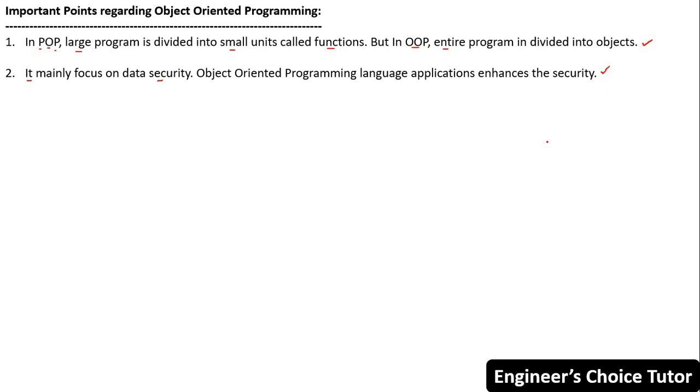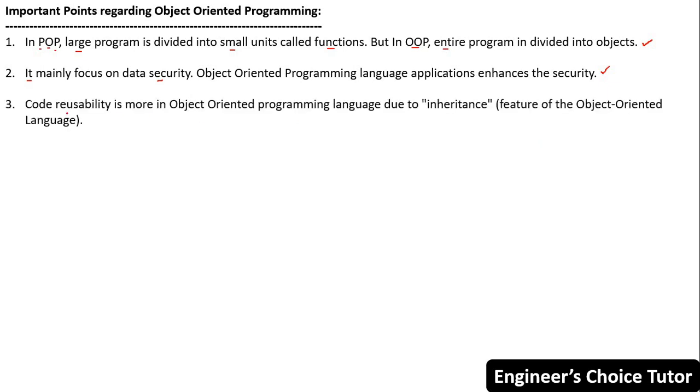Fine. Let's go for the third point. The third point is code reusability is more in object-oriented programming language due to inheritance. So inheritance is basically a feature of the object-oriented language. It is one of the pillars of the object-oriented language. But in POPL, we don't have the provision of inheritance.